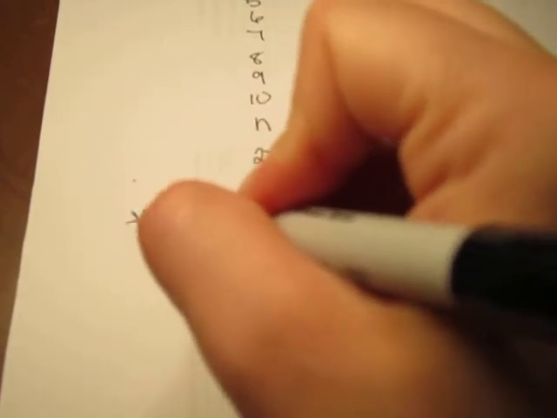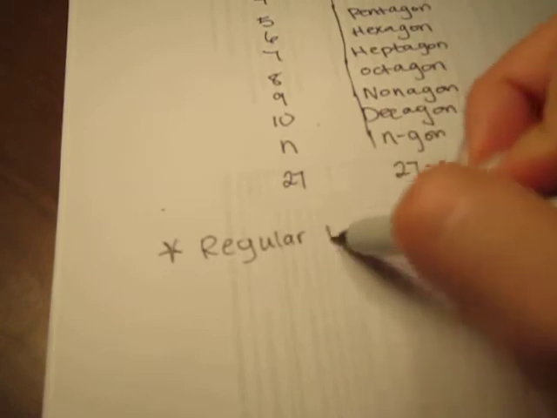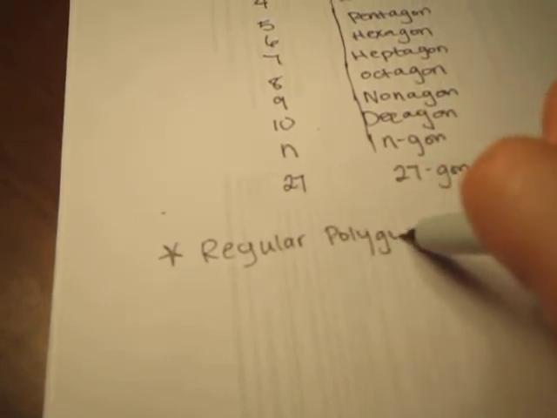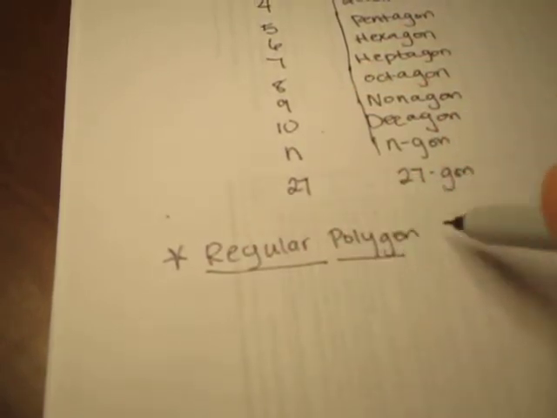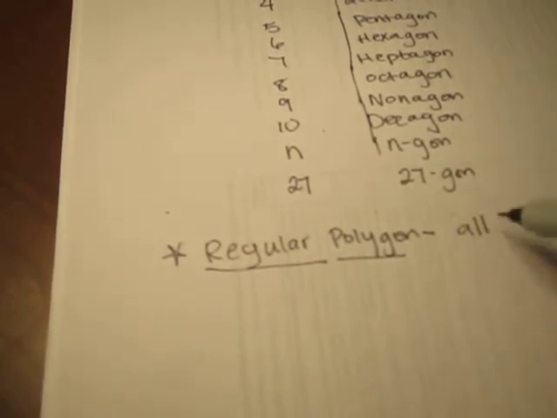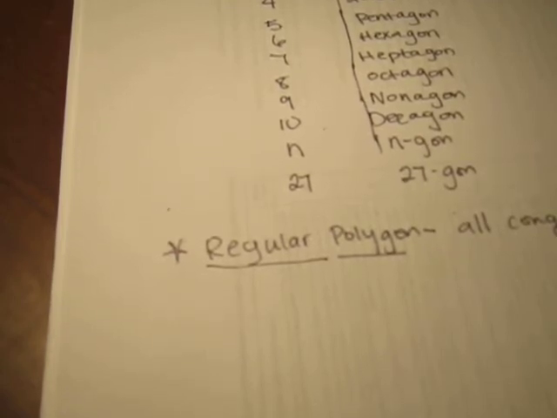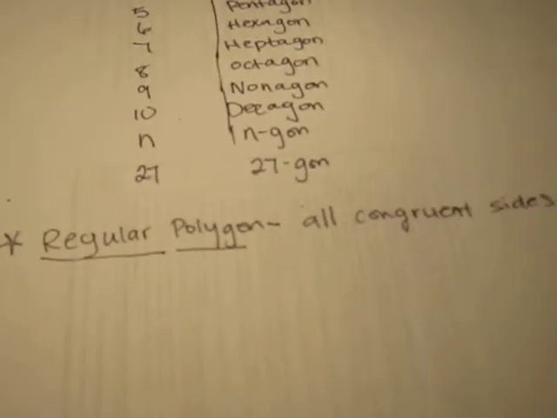You need to also remember what a regular polygon is. A regular polygon is a polygon where it has all congruent sides and angles. We saw an example.